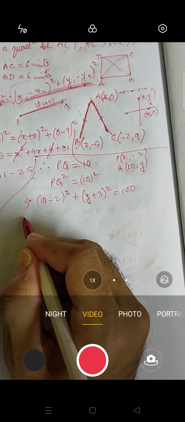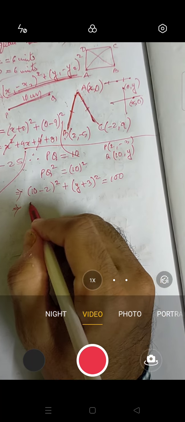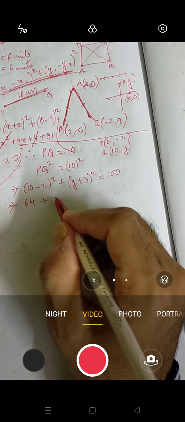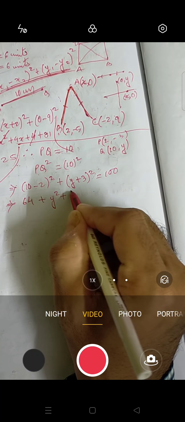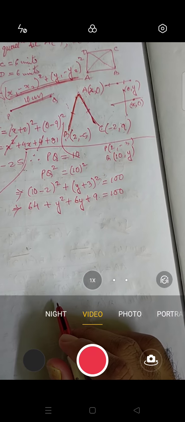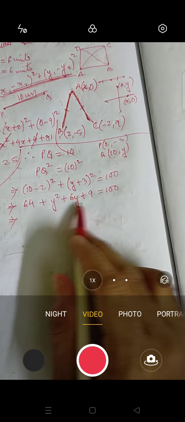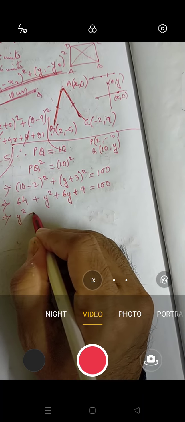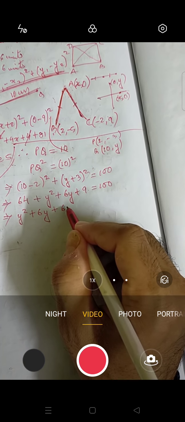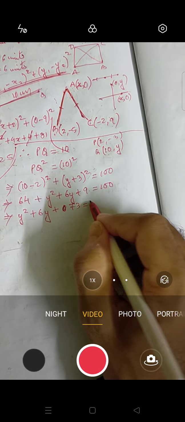Now we'll simplify. 10 minus 2 is 8, and 8 square is 64. Plus, this is a plus b whole square, so this will be a square plus 2ab plus b square, equals 100. Now this is a quadratic equation. So we can write y square plus 6y plus, if we add, 73 equals 100.